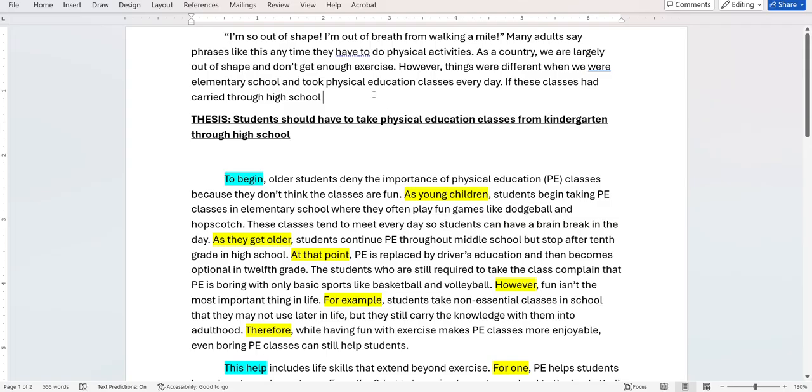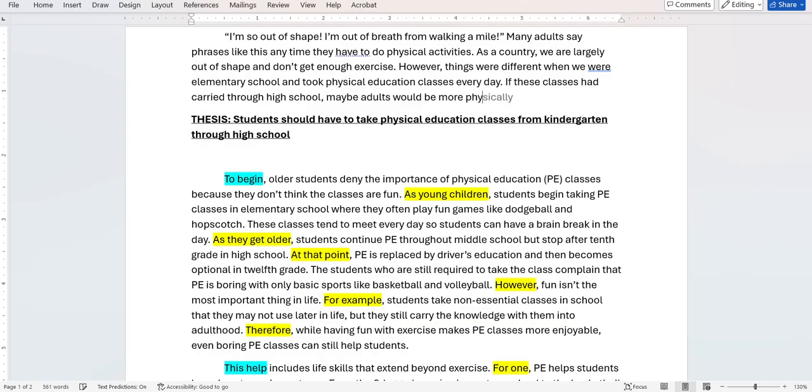So if these classes had carried through high school, maybe adults would be less out of shape. What's a way of saying less out of shape? Okay, less out of shape would be more fit.